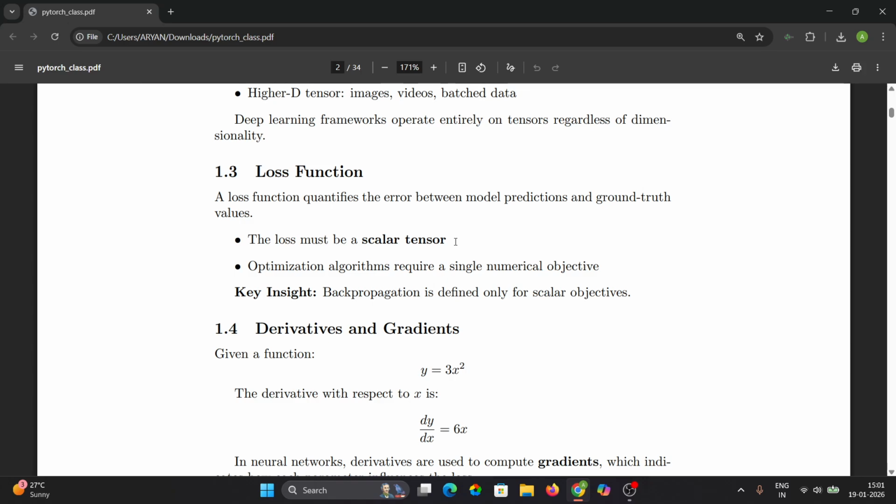That's why loss is always a scalar tensor.